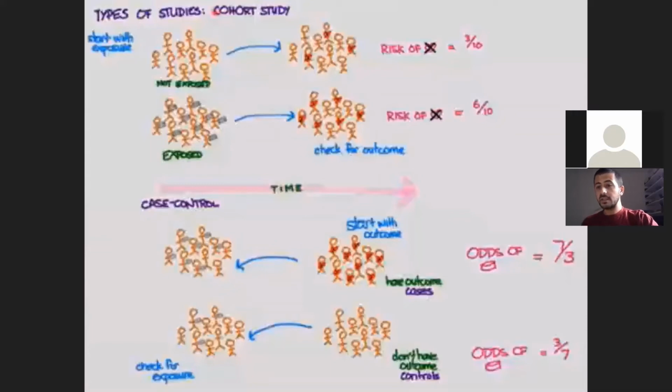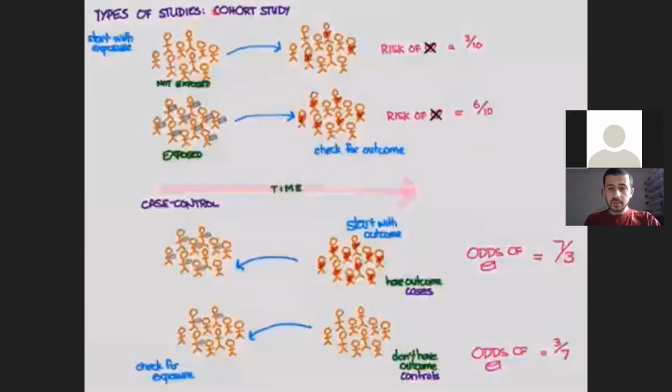But if I tell you the odds are something, then you think just about the probability. If I am in that group of cases, I will have higher probability than the group of controls, okay? So we need to think about them in a different way.